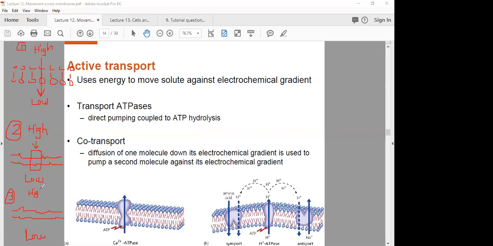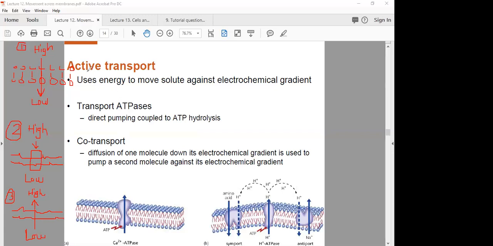So instead of molecules or substances moving from a high concentration to a low concentration, this is a mechanism that enables the movement against the concentration gradient. So from a low concentration to a high concentration.